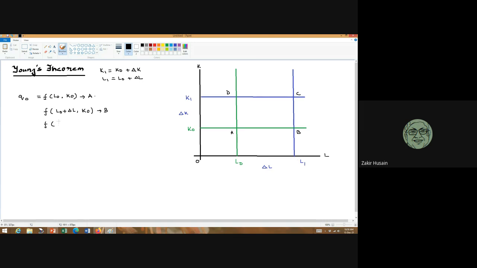Let us write D first. So D will be... and C is... Now what is the marginal product of L?